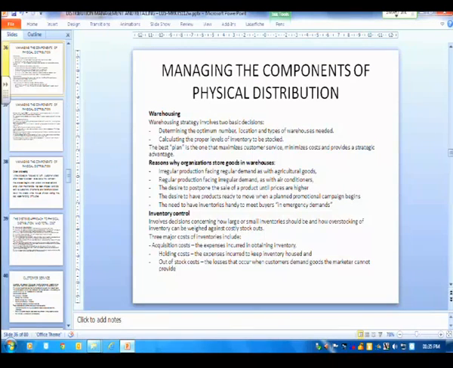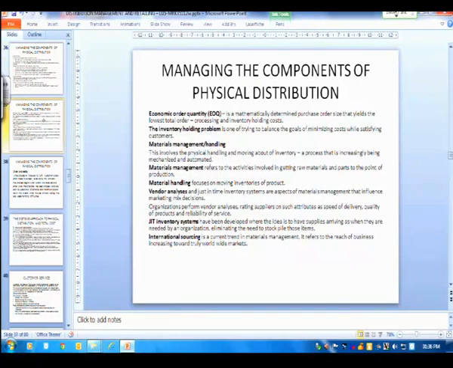Secondly, holding costs. These are expenses incurred to keep inventory housed. And lastly, out of stock costs. These are the losses that occur when customers demand goods the marketer cannot provide.